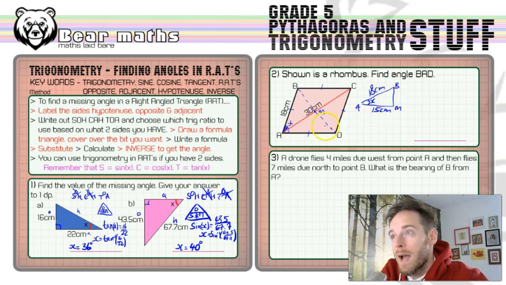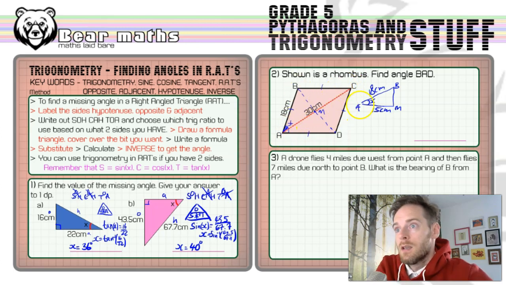Remember, we want to find angle BAD, all right? So we need to double our answer at the end because this is going to be half of the whole answer, all right? Because it's bisected that angle. AC is an angle bisector of BAD, all right? So we just double our answer at the end. All right, so basically it's a case of labeling the triangle again.